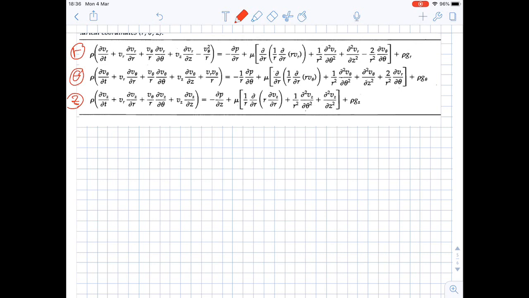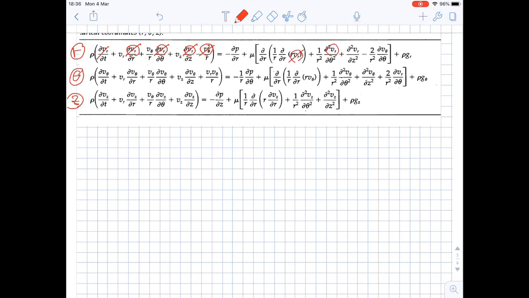Okay, so let's start with the R component. With the steady state assumption, we eliminate this term, and all terms associated with VR are 0. V zeta is also 0, so we can neglect the whole left hand side of our component equation.